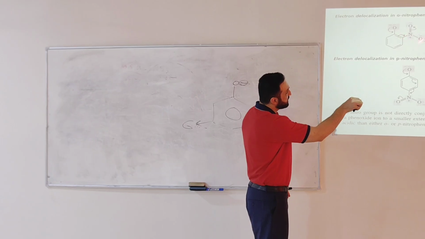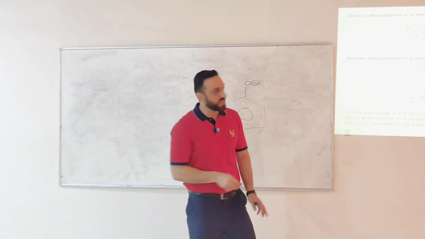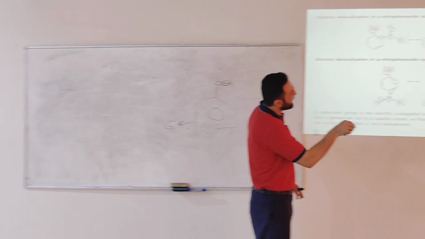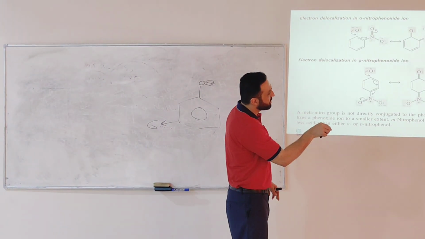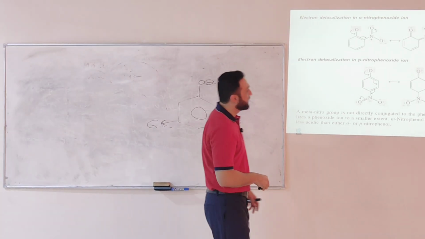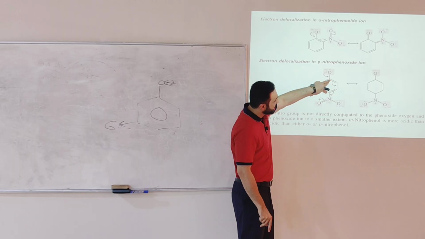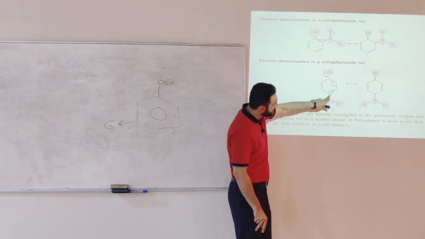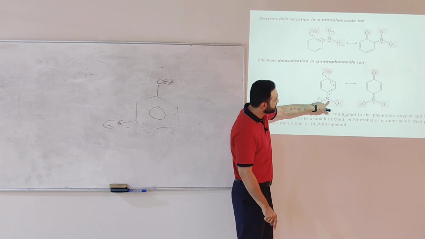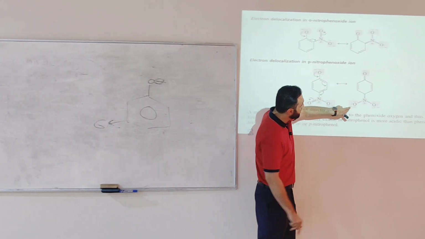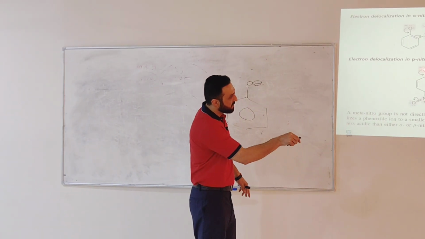That means it goes into a resonance structure with the nitro group and gives two minus charges on the oxygens. Look at the para also. It makes a pi bond, and this is converted to make a pi bond between carbon and nitrogen, and this opens to the oxygen to give minus on the oxygen atoms.